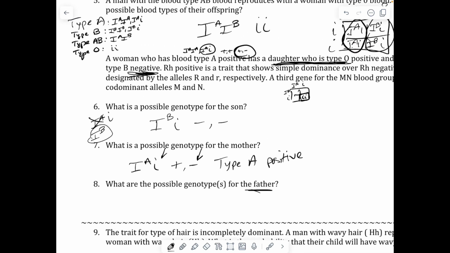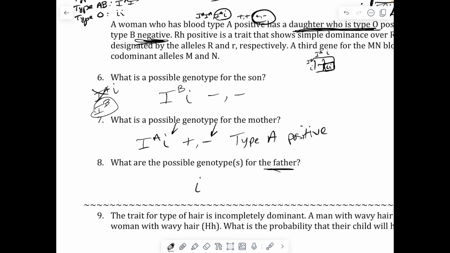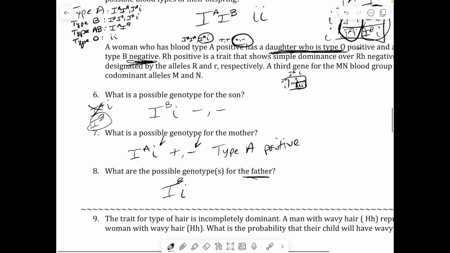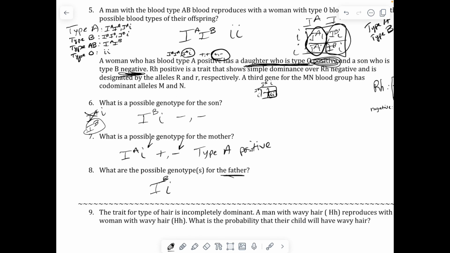And I kind of just said, well, since the father isn't listed, but we see the daughter is O, we know he at least has one O gene. And then the son is B, so we know he has a B gene. And then the daughter is positive, and the son is negative, so we know he at least has a negative. And we know he has possibly a positive.